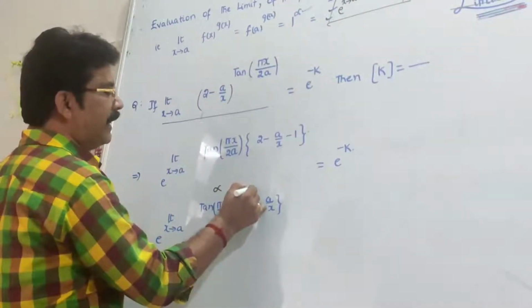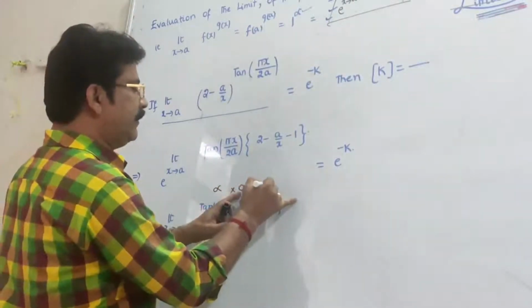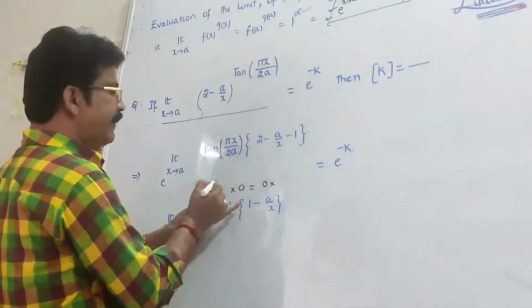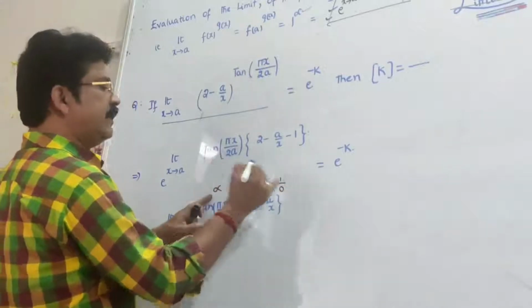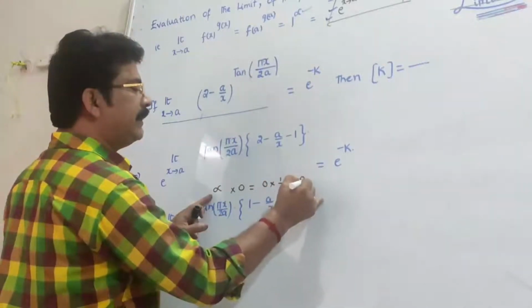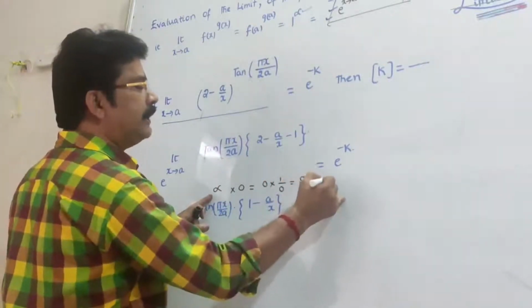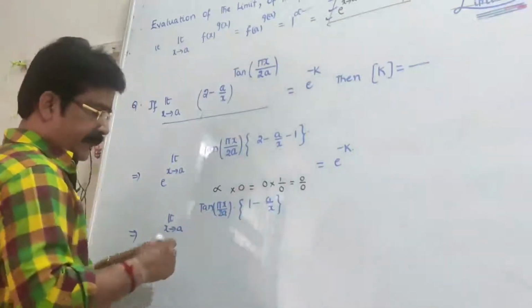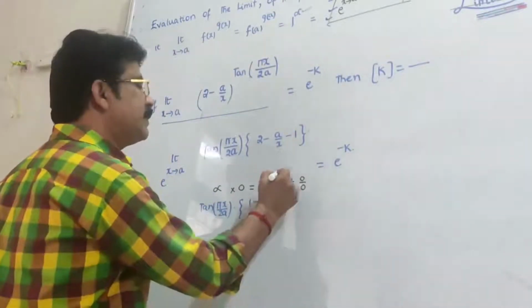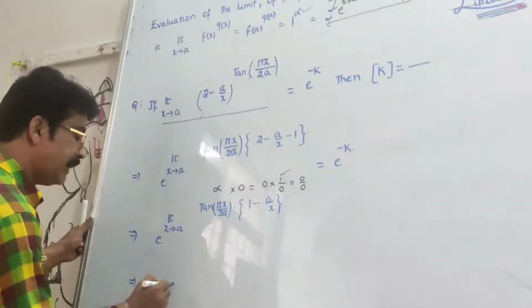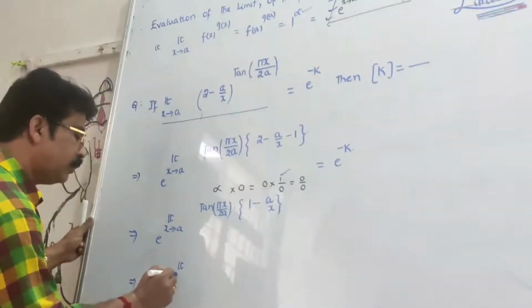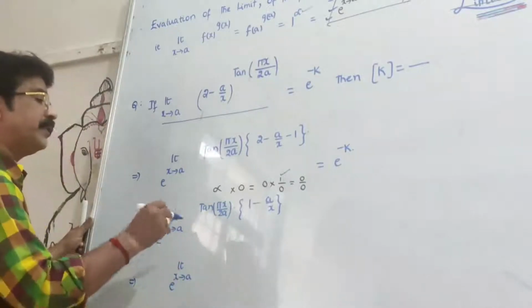So we express this infinity as 1 by 0, because 1 by 0 is equal to infinity. So altogether it is 0 by 0, and then we can apply the L'Hospital rule. So first express like that. In each and every problem we are doing the same, therefore you must get habituated to the procedure.